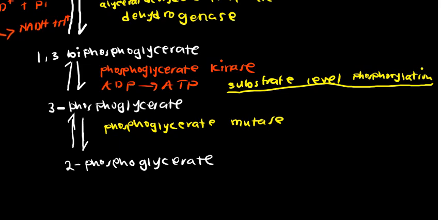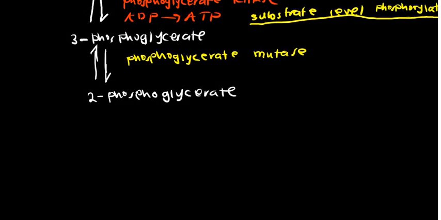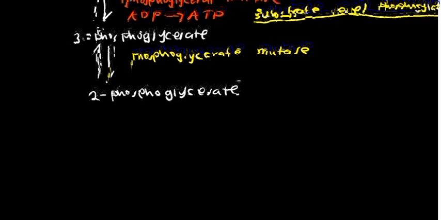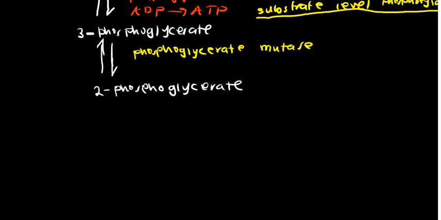The next 2-phosphoglycerate gets converted to phosphoenolpyruvate. This one involves dehydration, so water is given out.